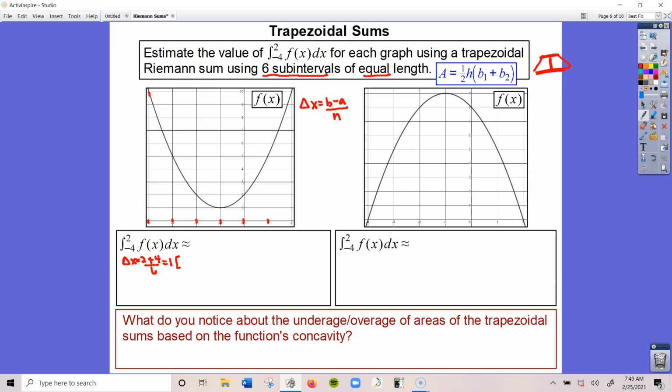So we have here, this is my height, or rather my base, and this is my other base, because these trapezoids are on their side. So you can see here that this is base 1, and this is base 2. For the second trapezoid, this would be base 1, and this would be base 2. For my other trapezoid, base 1, base 2.